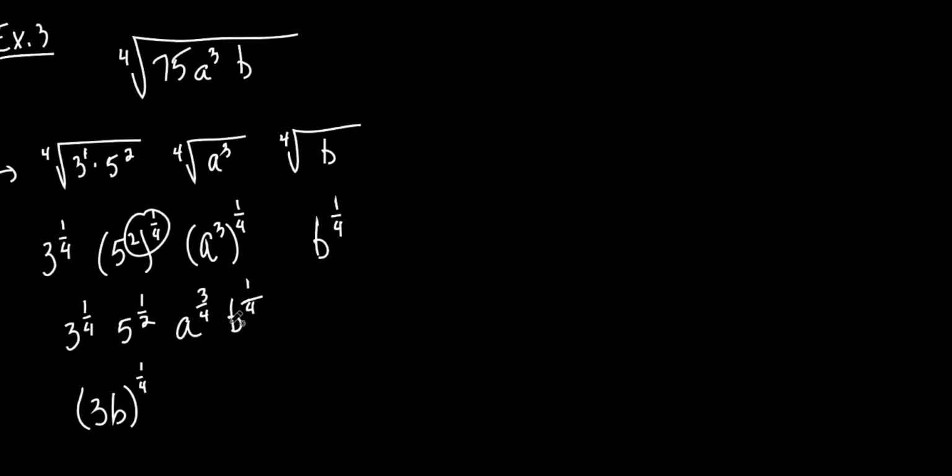Would you agree? Because both of these are to the 1/4 power. Yeah, you could have done that if you wanted to. But they're okay with that because that's how they left the answer, just like that. So I just basically took everything to the 1/4 power. And then I simplified as much as I could. Okay? Is that good? They have a part B to that.